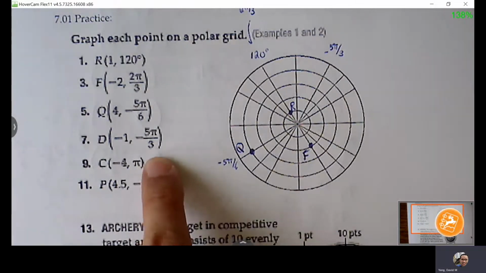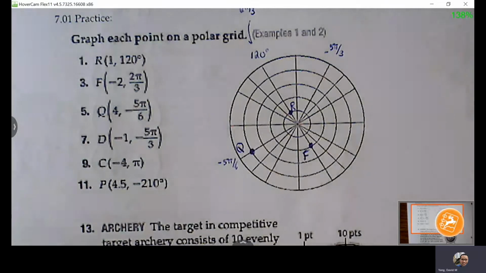Remember, if you don't recognize a negative angle measure, you can always add 2 pi to it to get to a coterminal angle that feels more recognizable.